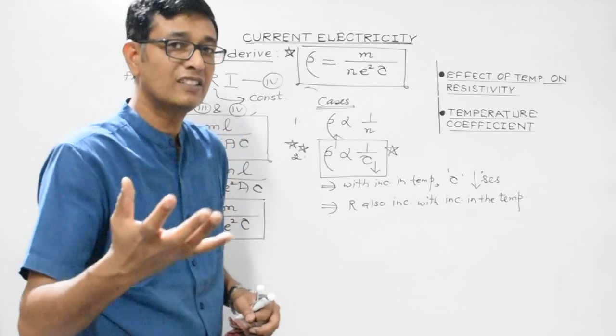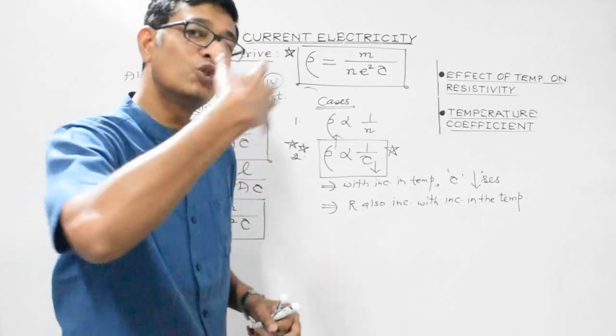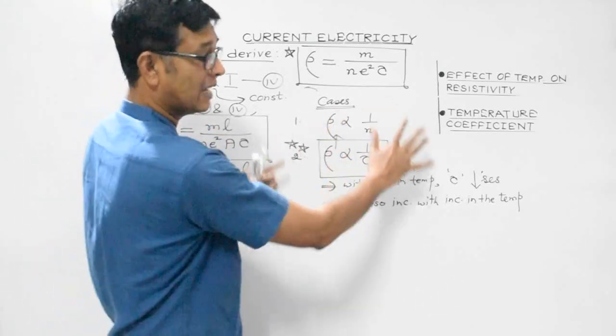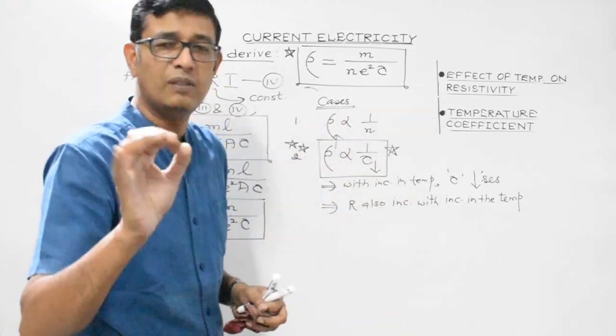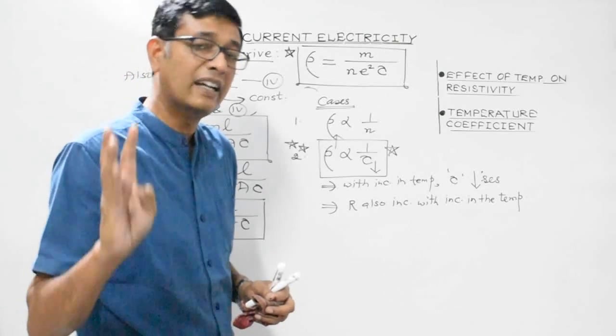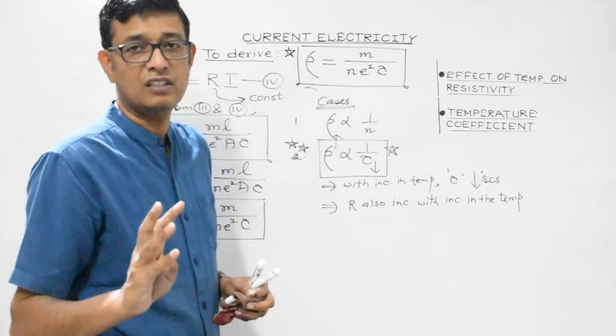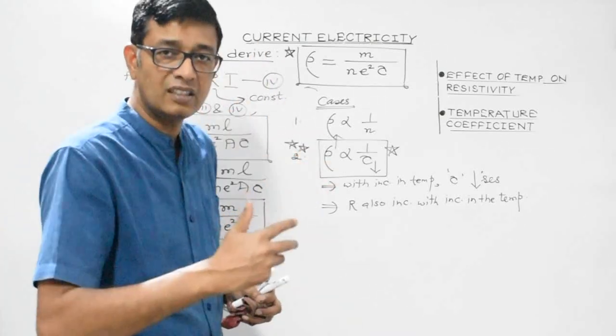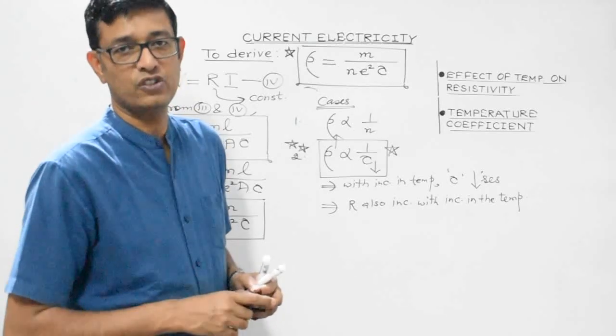It is only then that the conductor is said to have become a superconductor. Anyway, we'll discuss that later on. But for the time being, what we have derived is very important. Mark my words. The resistance and hence the resistivity of a conductor increases with the increase in the temperature and decreases with the decrease in the temperature. Right?